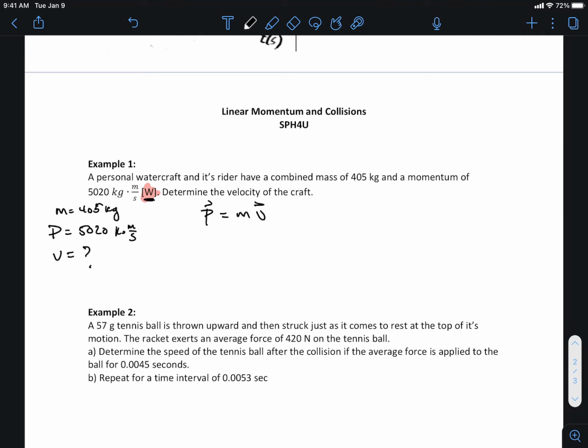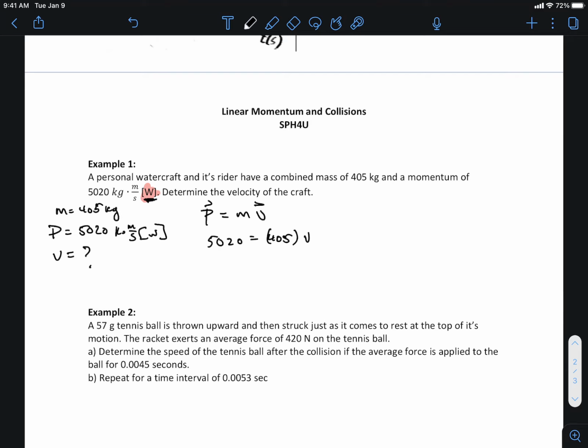We do know that the momentum of this is going in the west direction. You guys can add that to your knowns. But so we're going to say 5,020 is equal to the mass, 405, multiplied by the velocity vector. You guys can just solve for the velocity and know that this thing's going in the west direction.